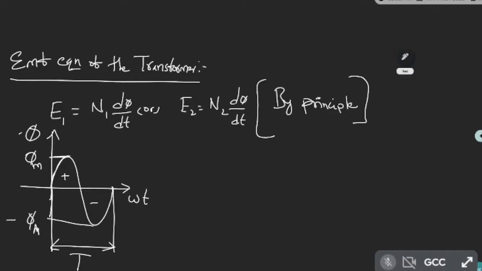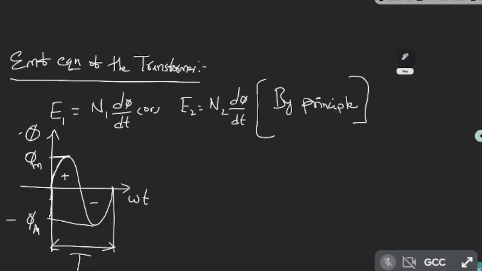One set of positive and negative values. Okay, the time taken to complete one set of positive and negative values is known as time period. Only one set, not repetition. The total time is nothing but time period.